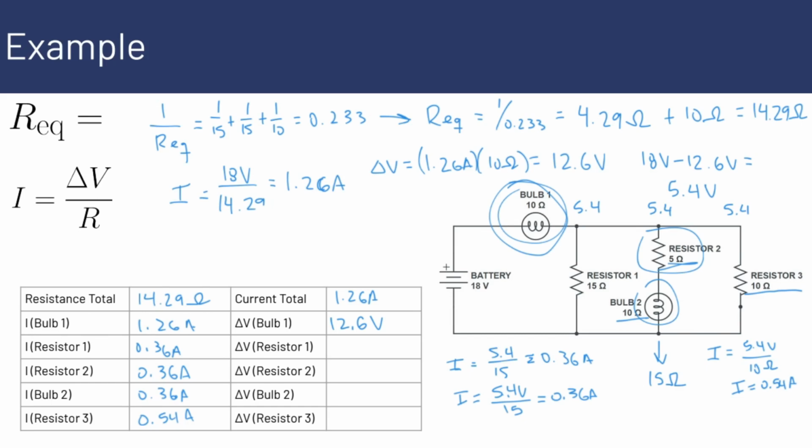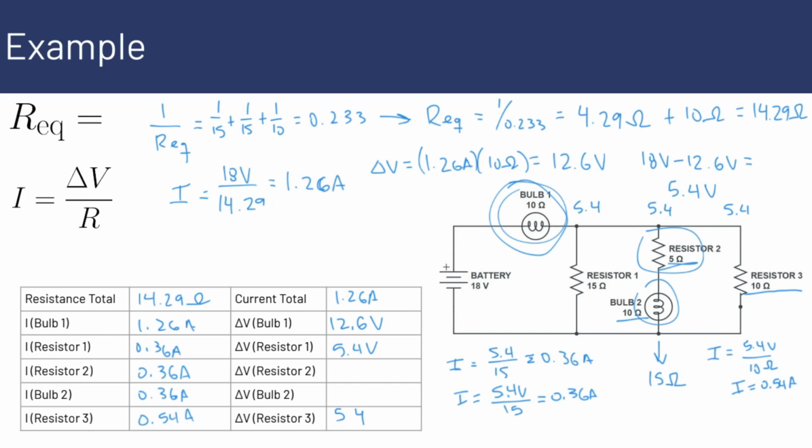All right, now we can figure out our voltage drops across our 3 branches. The voltage drop across resistor 1 is 5.4 volts. The same thing with resistor 3, 5.4 volts. Okay, so across resistor 2 and across bulb 2, since these are in series, we have to actually calculate the voltage drop.